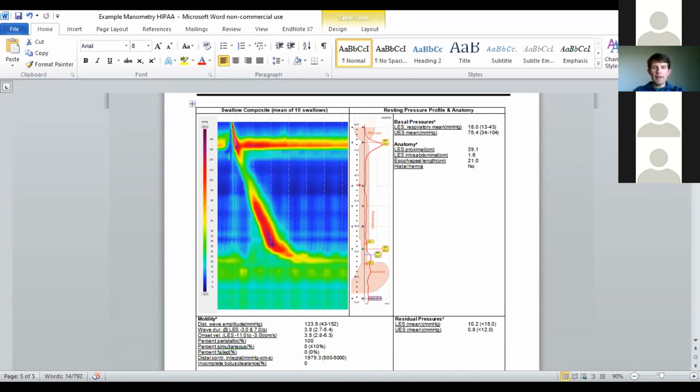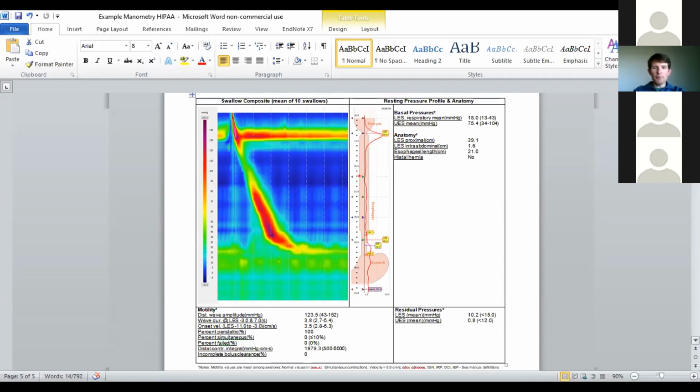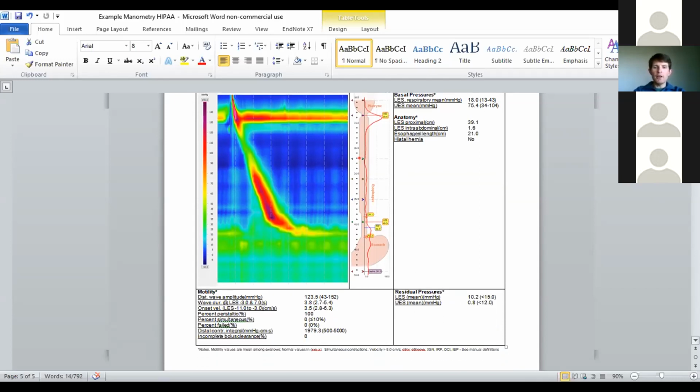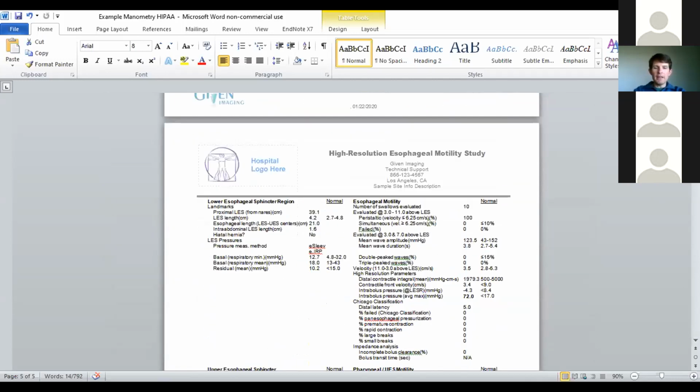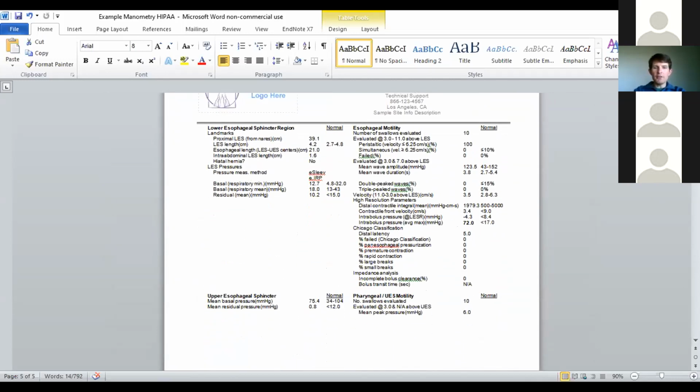And then you have a breakdown of pressure based on the upper and lower esophageal sphincters, resting pressure, motility down in the bottom left, and then residual pressures for both the upper esophageal sphincter and the lower esophageal sphincter on the right. The next page gives you more detailed information about the LES and the motility, as well as the upper esophageal sphincter.